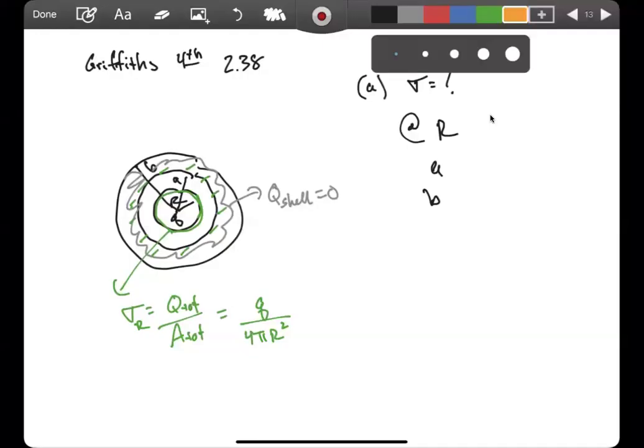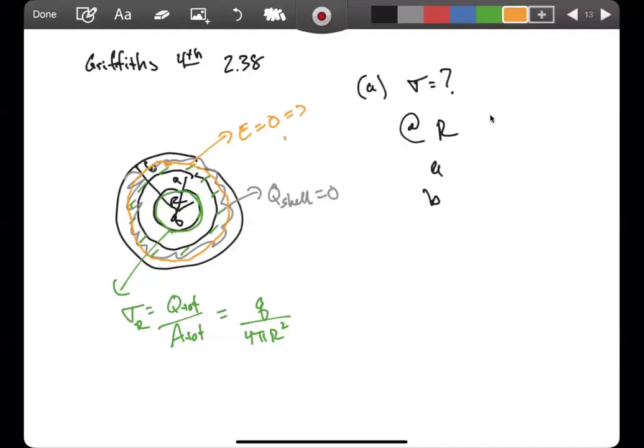Now, since we're inside, if I drew a Gaussian surface around here, since I'm inside the conductor, my total electric field must be equal to 0, which means that my total charge enclosed must also be equal to 0. So basically what that tells me is that at A, my total charge density, my sigma total, must be equal to 0.